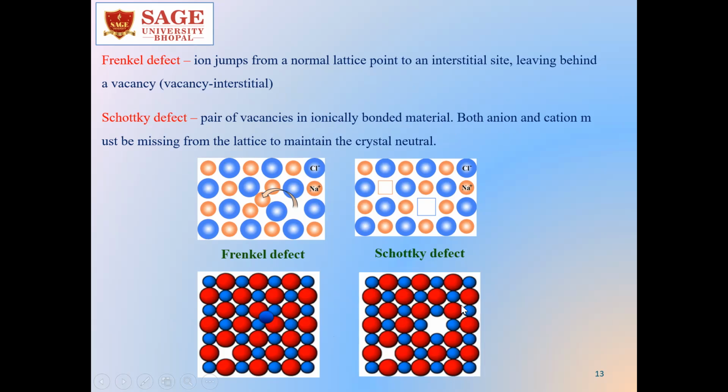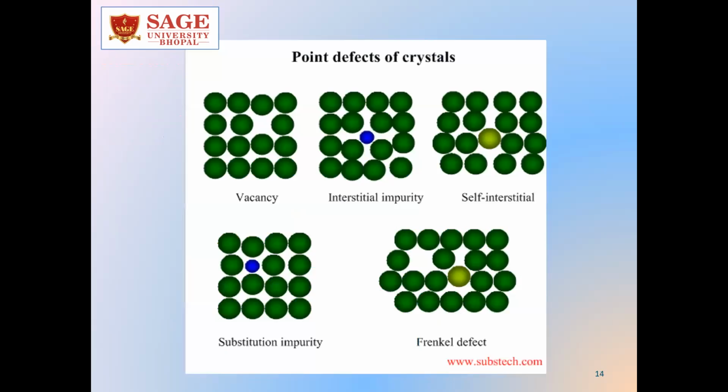But in case of Schottky defects, there are vacancies. But a vacancy cannot be created by only one ion, because then the crystal will be ionic, not neutral. To maintain the crystal neutral, both the ions, cations and anions, are missing from the crystal. So that is known as Schottky defect.